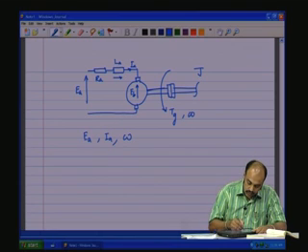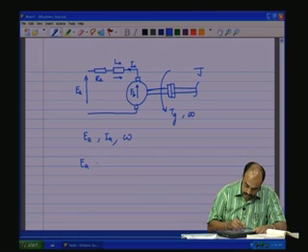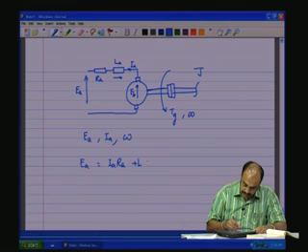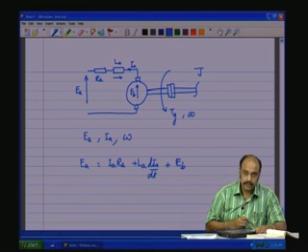If we take this loop, EA is equal to IA RA plus LA d IA by dt plus EB, which is one equation.